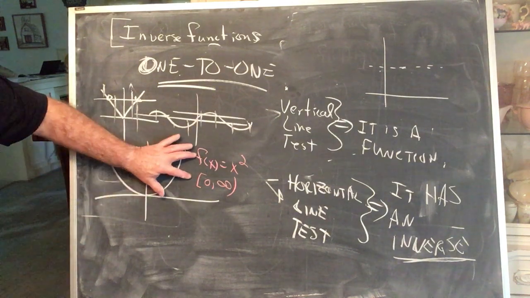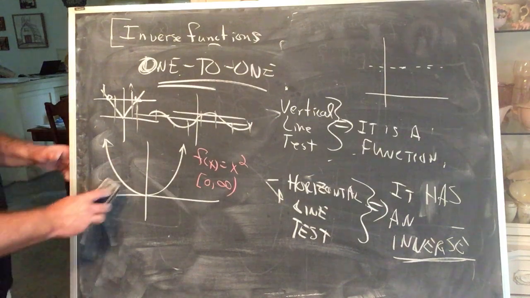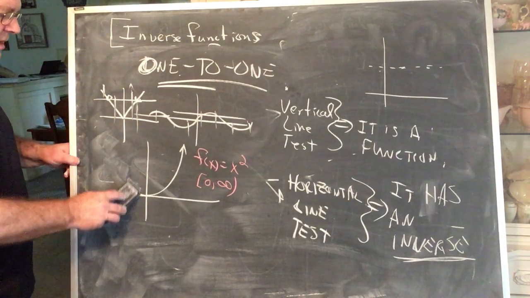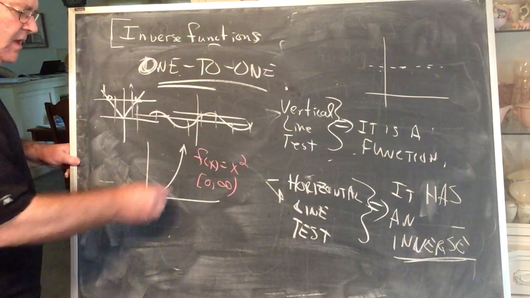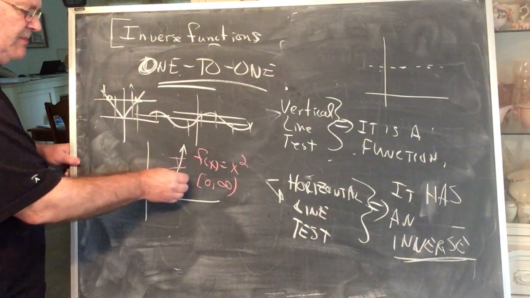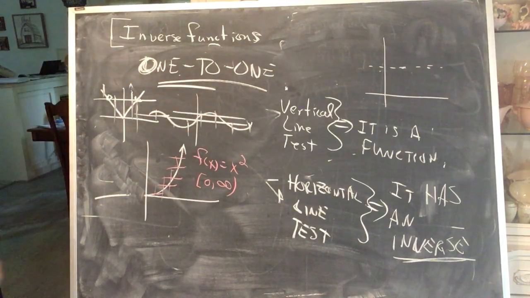But let's just suppose you want to consider this function on that interval. Well, now, this piece of the curve vanishes. And now, under this restriction, the curve does pass the vertical line test. It is a function. It does pass the horizontal line test. This curve does have an inverse.